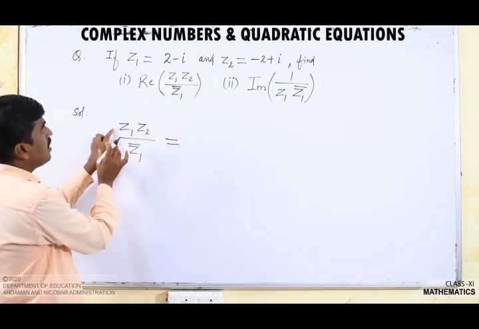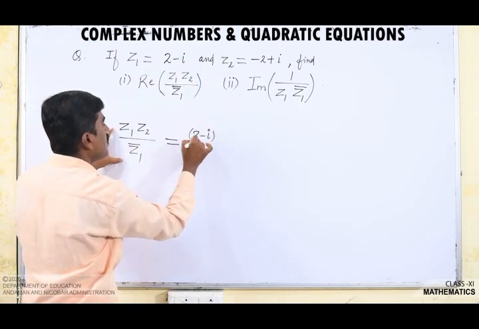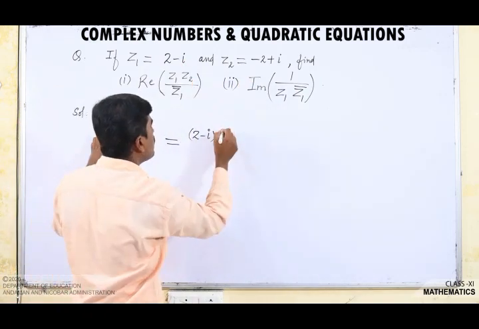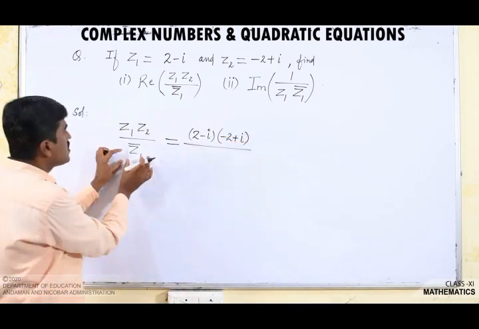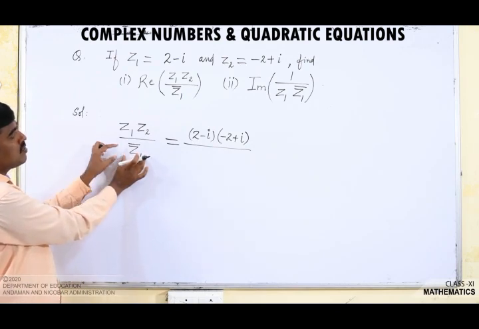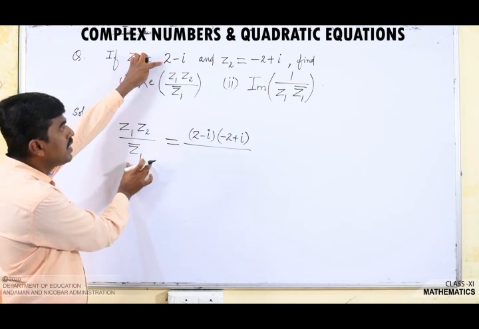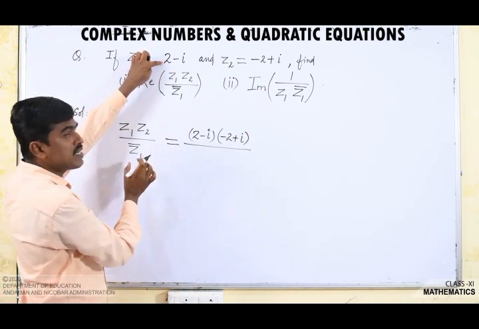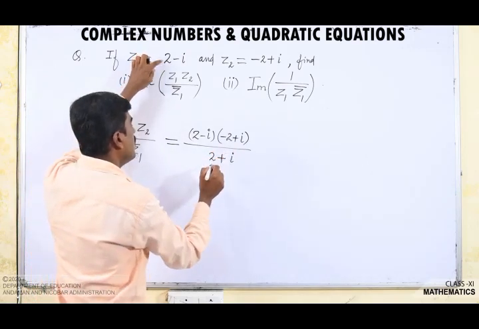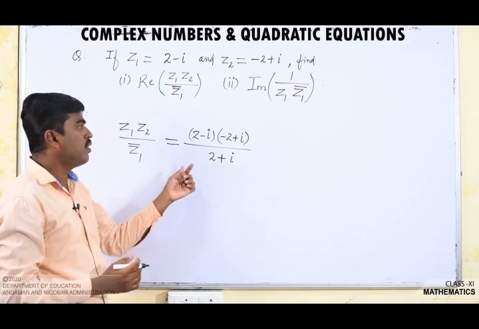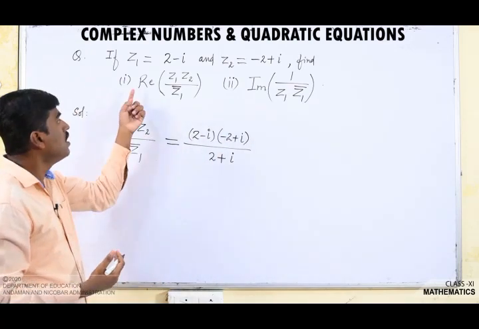Here just put the values. z1 is equal to 2 minus i and z2 is equal to minus 2 plus i, divided by z1 bar. z1 bar means it is the conjugate of z1. z1 is 2 minus i. So what is the conjugate of this 2 minus i? That is 2 plus i. Now what we have to do? We have to express this complex number in the standard form so that we can find the real part.